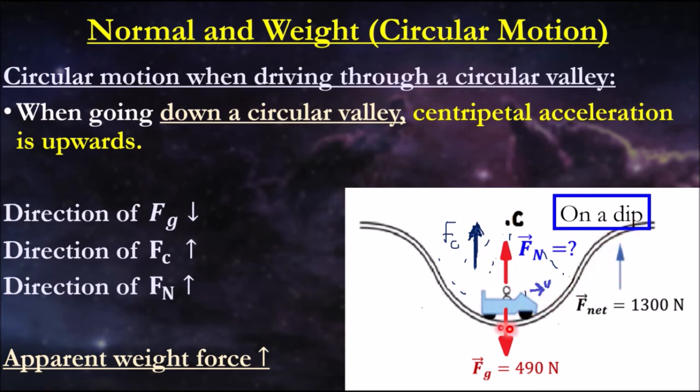Now what we can tell is at the very bottom here, the driver will have a gravitational force. They will also have a normal force. And we also have a net force pulling it up. Now, let's assume we don't know the normal force. In a scenario like this, the normal force would be much larger than the gravitational force, right? The reason being is our net force of this car at the bottom of this dip is pointing up.